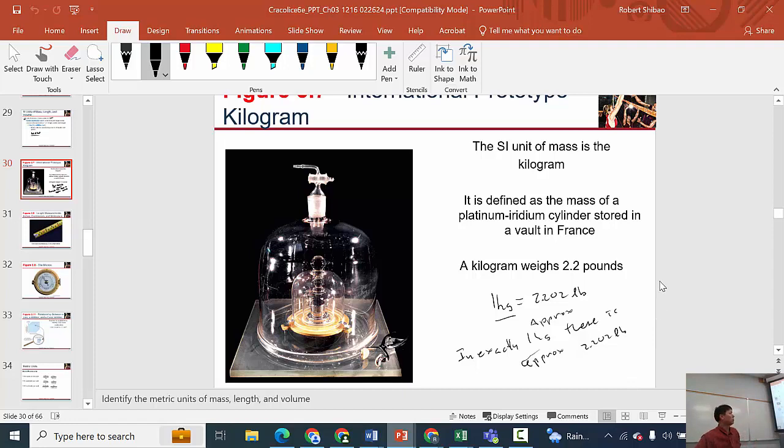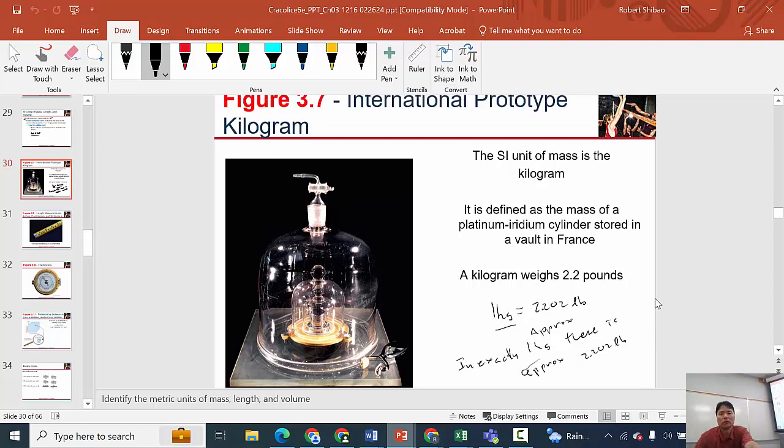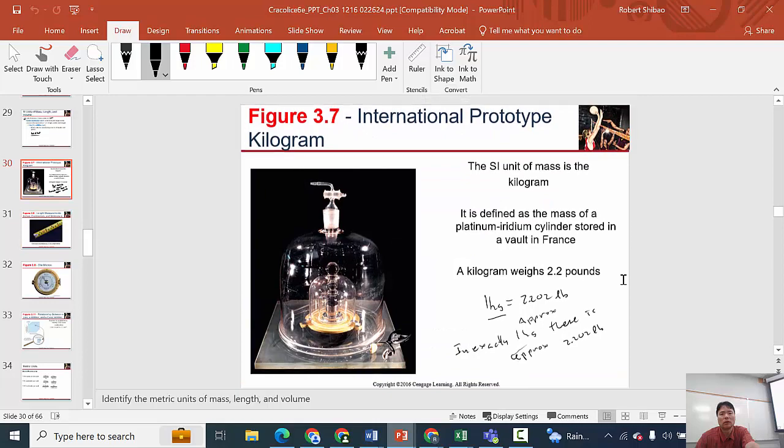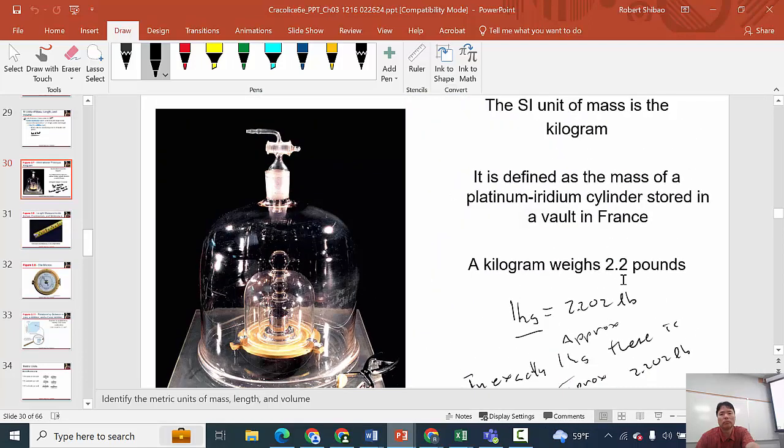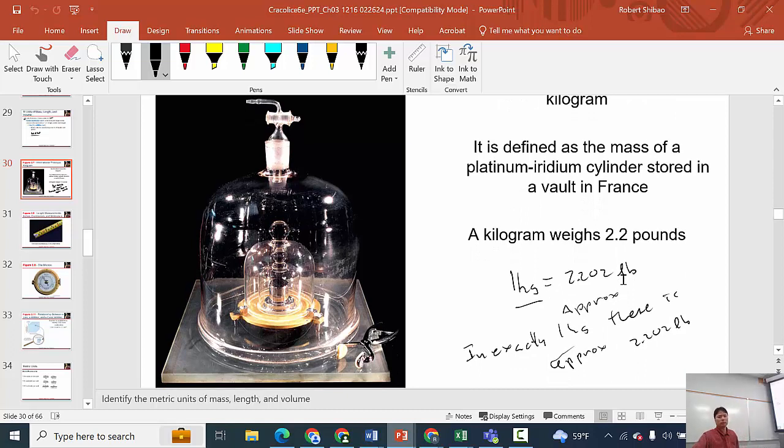So some of these I'm going to go through kind of quickly. This one you don't have to memorize, but there are different forms for this one.